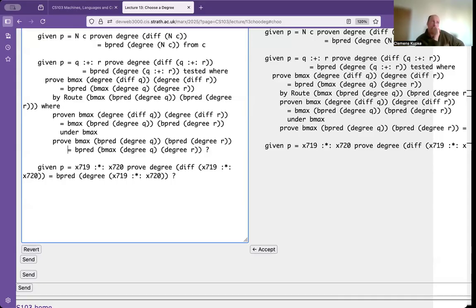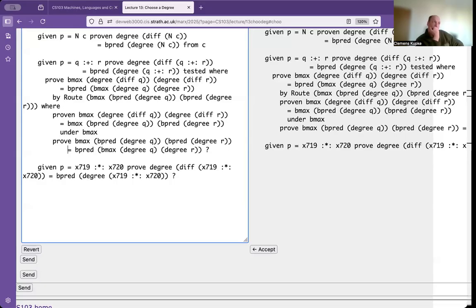What I'm trying to suggest is that the use of degree in this goal might actually be a red herring. The other thing to observe, just to rub it in, is that degree of Q and degree of R could, in principle, be any botnum, right?